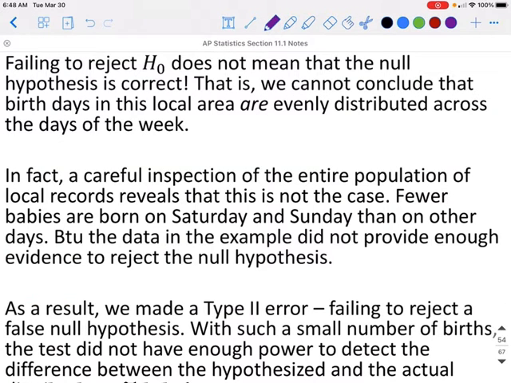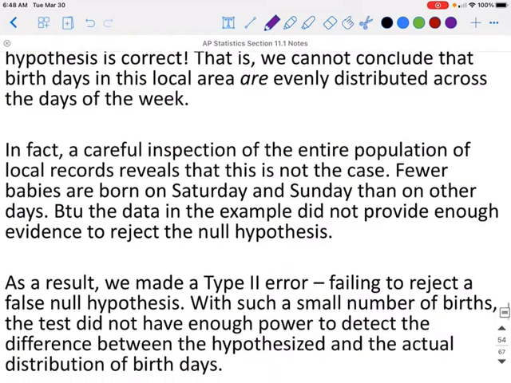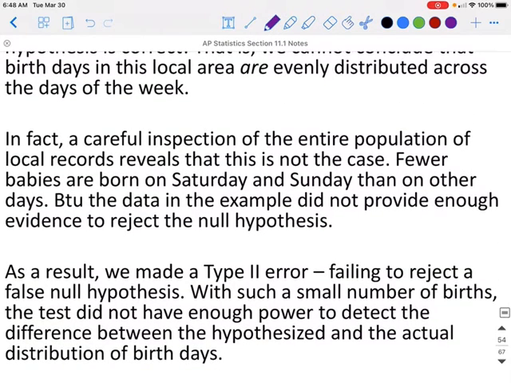Failing to reject the null hypothesis does not mean that the null hypothesis is correct. That is, we can't conclude that the birth days in this local area are evenly distributed across the days of the week. In fact, a careful inspection of the entire population of local records reveals that it is not the case. Fewer babies are born on Saturday and Sunday than on other days.